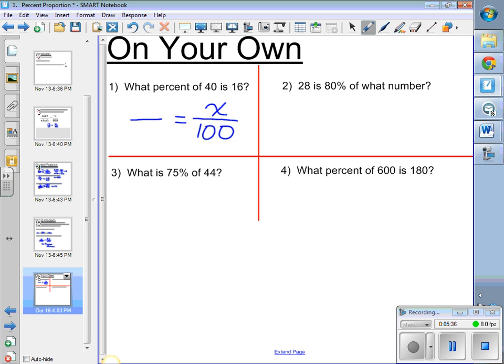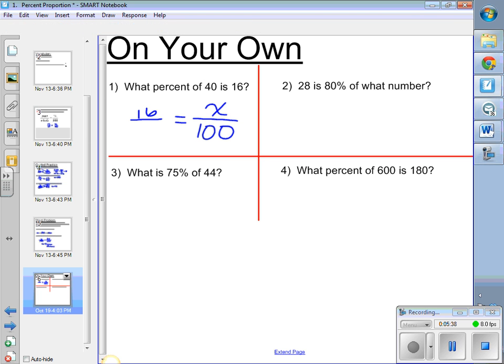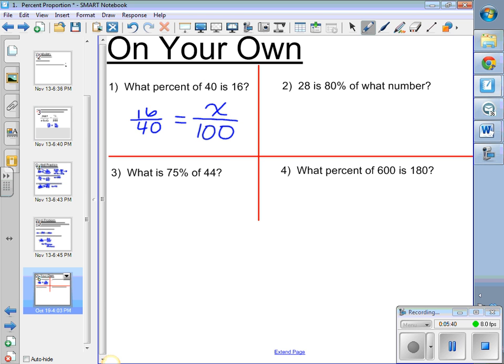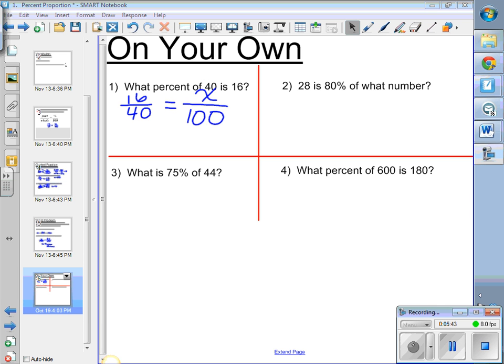It's going to look like that. So 100 times 16 divided by 40 is going to give me 40. And that's a percentage for your answer because it's in the percent spot.